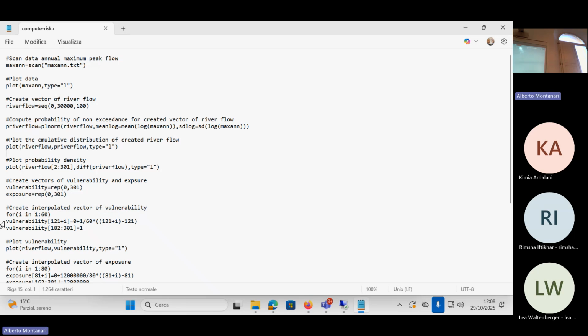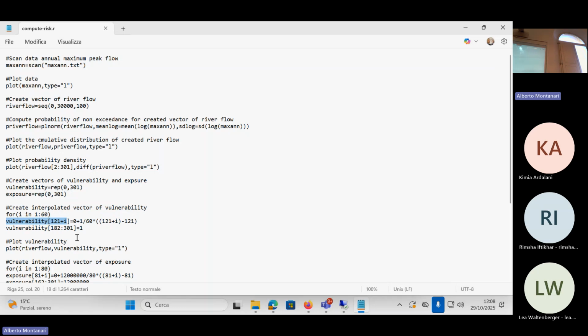And the code is here. So vulnerability, you see that the change is starting from 121 because the first 120 values are 0. Actually, the first value different from 0 is the 121st value or the 122nd.